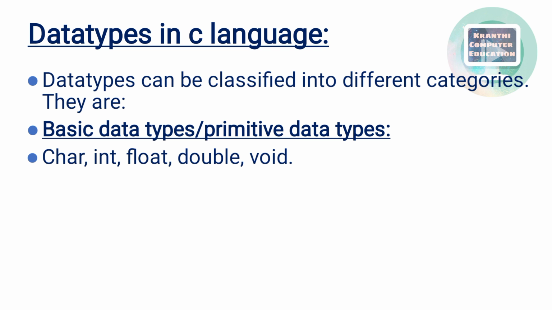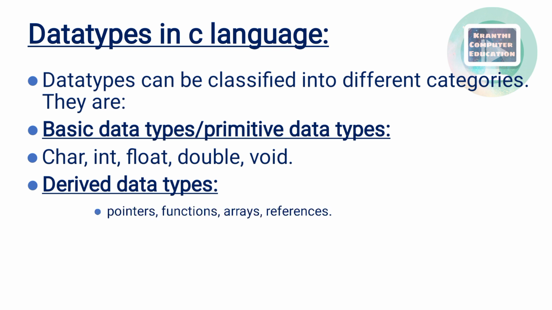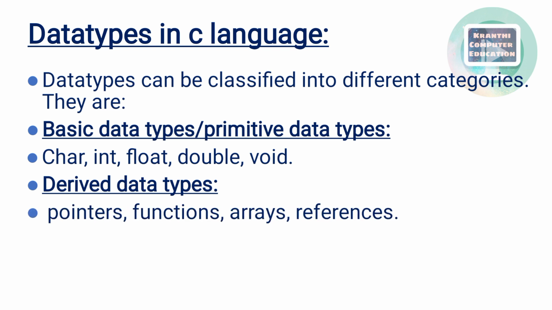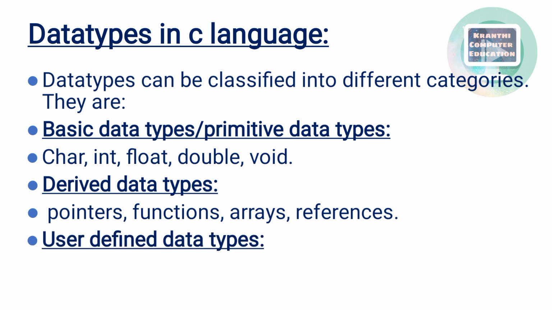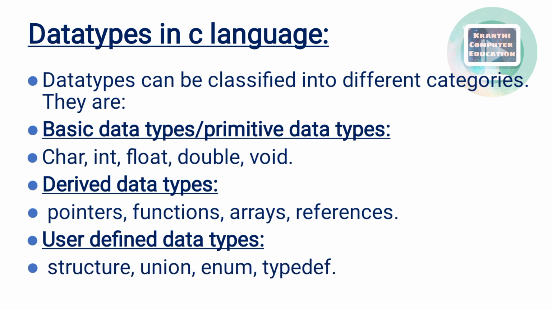The next is derived data types: pointers, functions, arrays, references. Next are user defined data types: structure, union, enumeration, which we can call enum, and typedef.